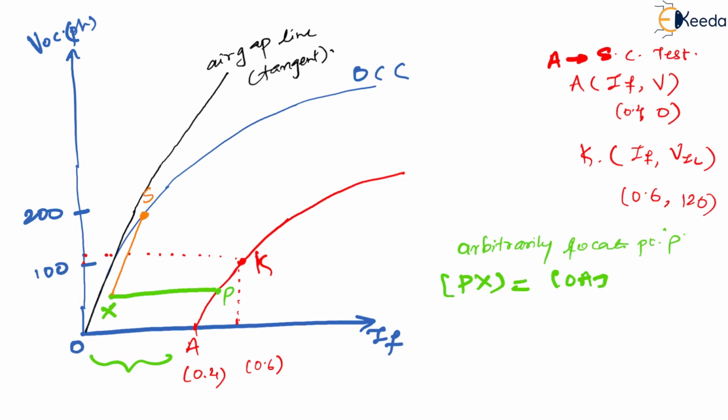Yes sir. Now let me join the triangle. If I join the triangle, then this turns out to be your Potier triangle. That's it, very simple, correct? This is nothing but your Potier triangle.